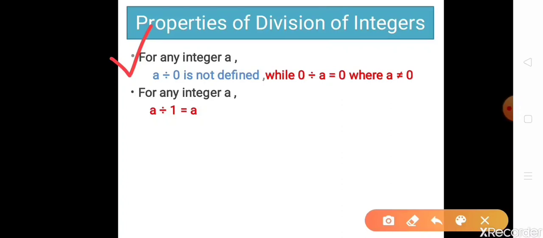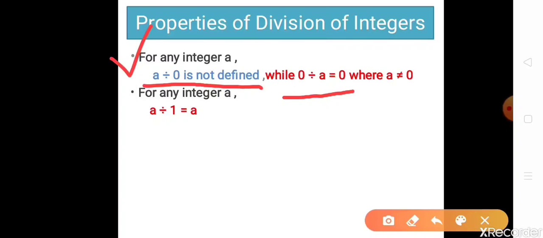Now, the second part of this property, 0 divided by a equals 0, I'm very sure that all of you have understood this, but the first part, a divided by 0 is not defined, I'm going to explain this to you. Now, this you will be needing in your higher classes, so you can take it as additional information for today, but trust me, you will be requiring this later on.